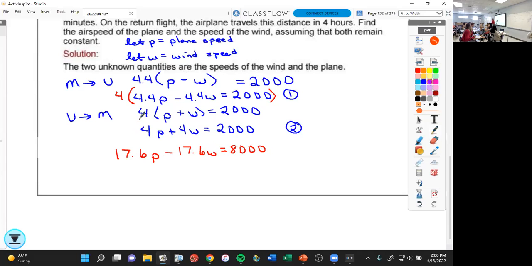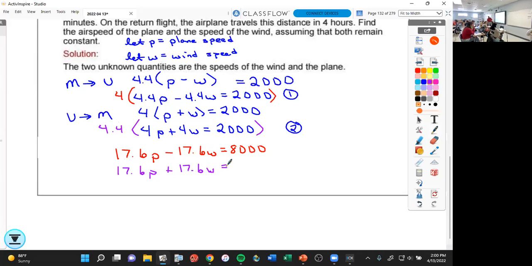And if I multiply this one by 4.4, I get 17.6 P plus 17.6 W equals 8,800.